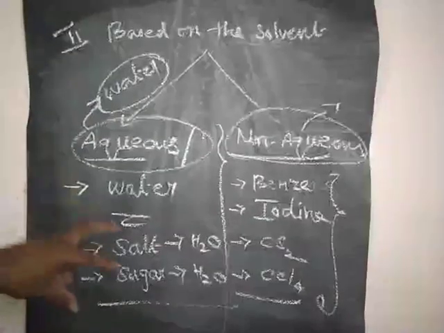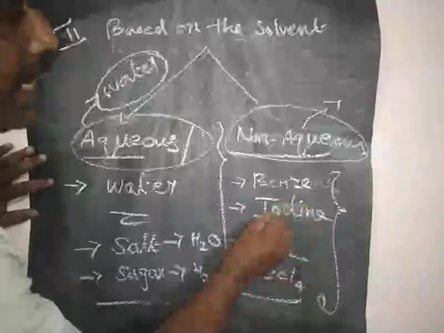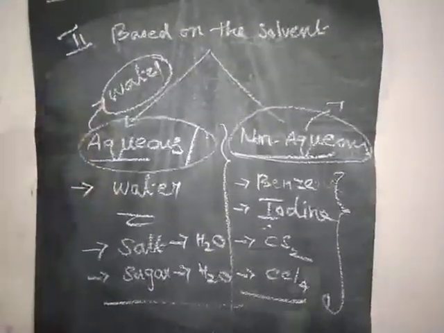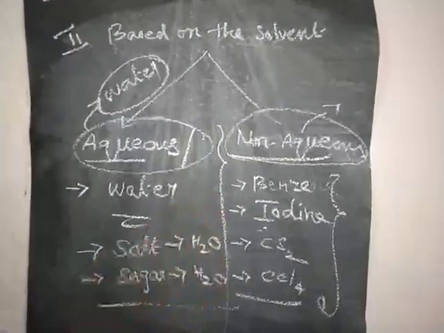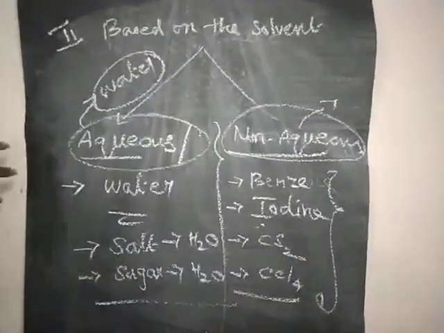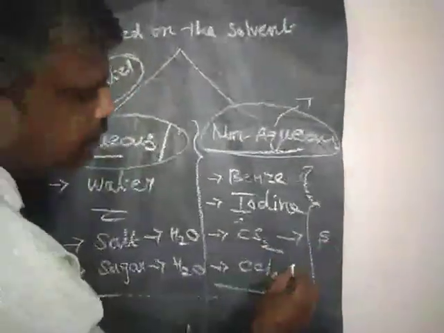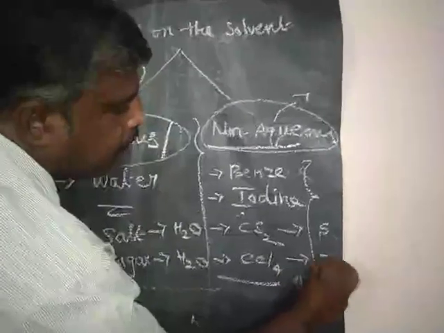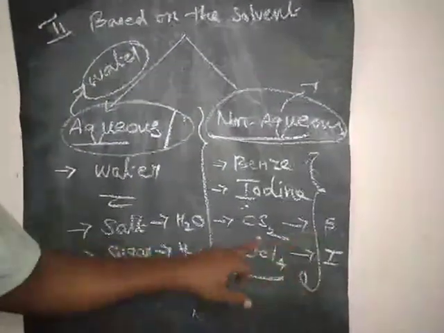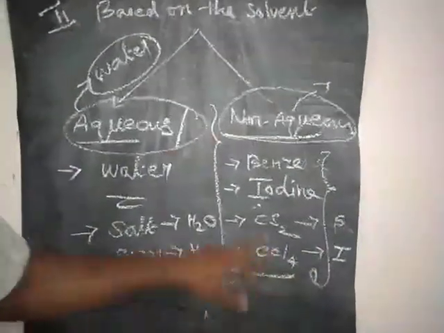Examples: sulfur dissolved in carbon disulfide, iodine dissolved in carbon tetrachloride.